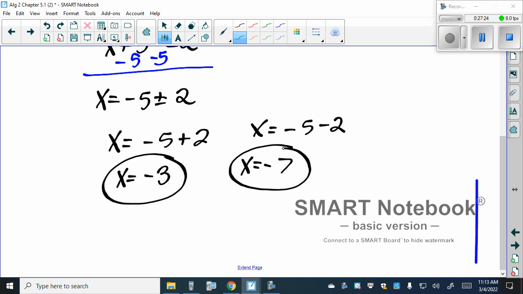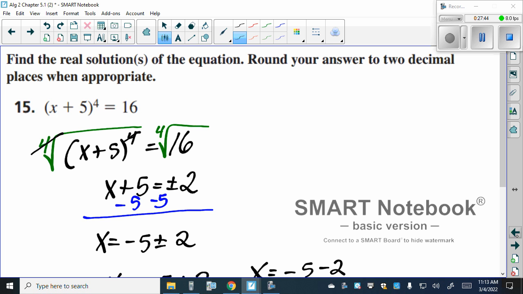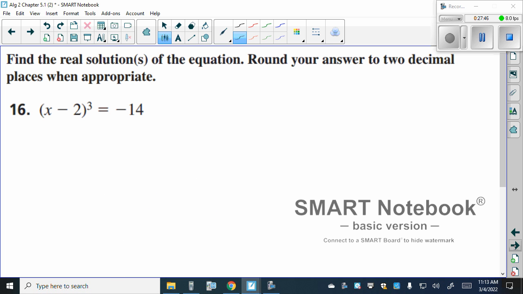So the answers are negative 3 and negative 7. And that's it. Any other questions on this here? Any other ones that we want to look at? Oh, yeah, and this says round, but we good with these here?